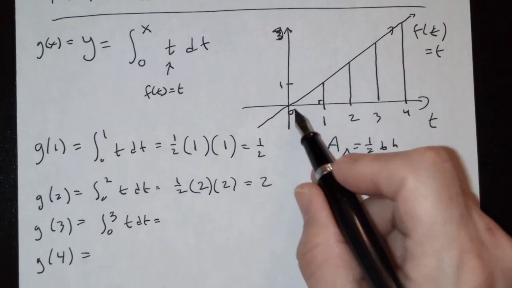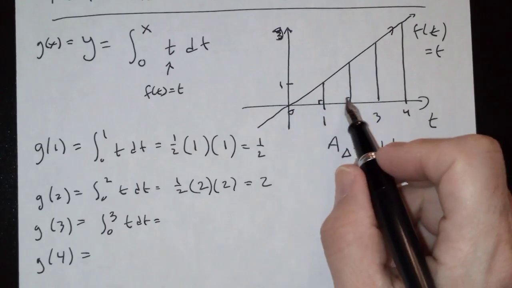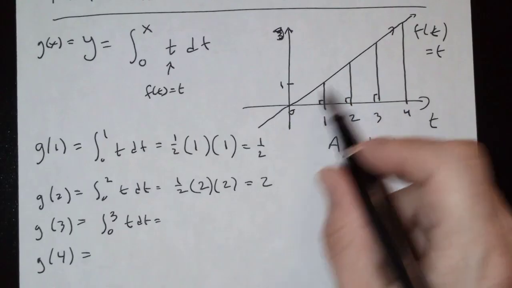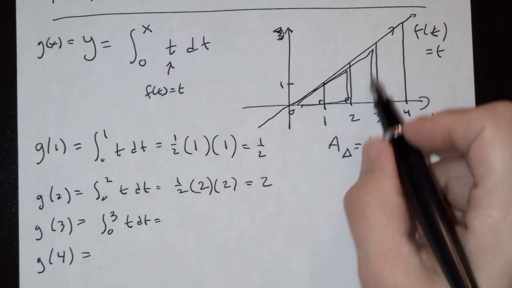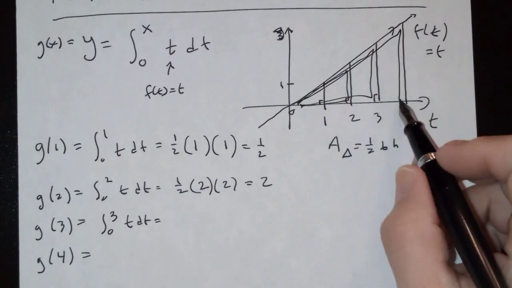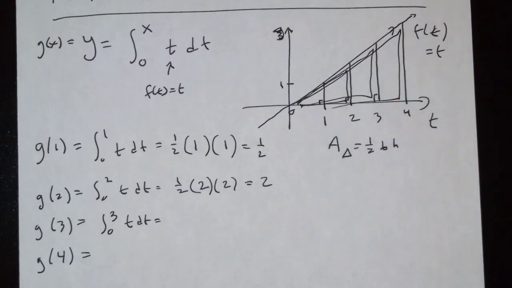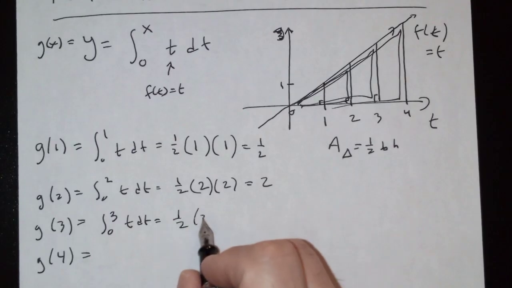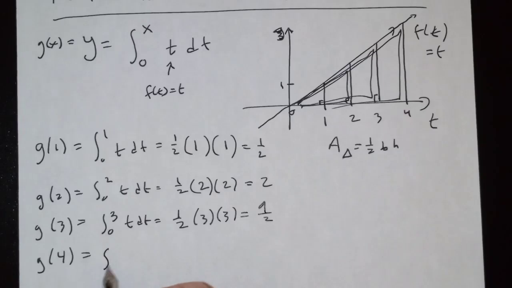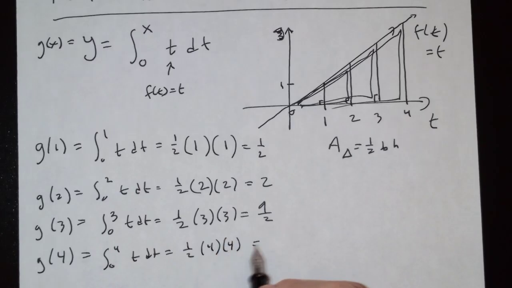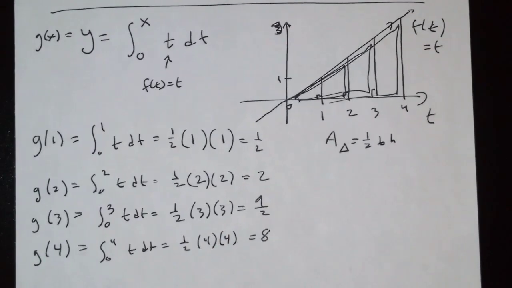Now notice we're starting at 0 every time, so it's always a triangle, not individual rectangles or individual prisms. So I can get all of these.